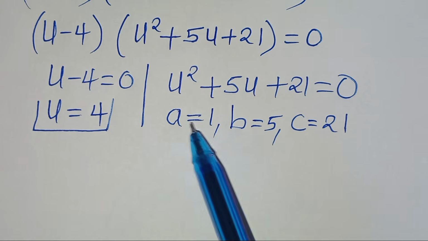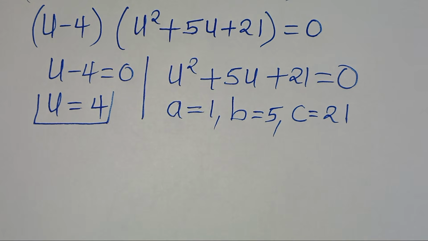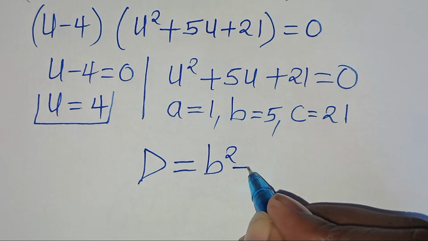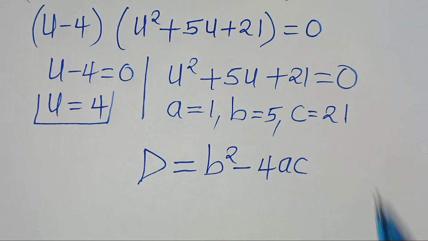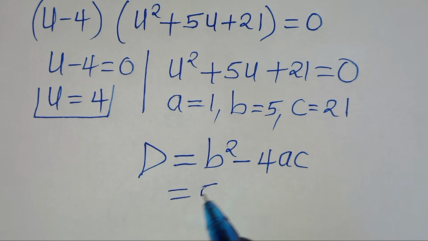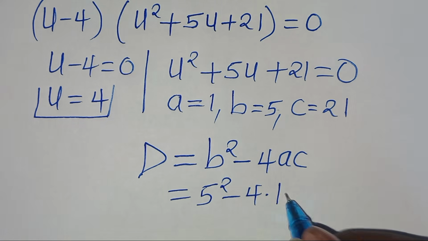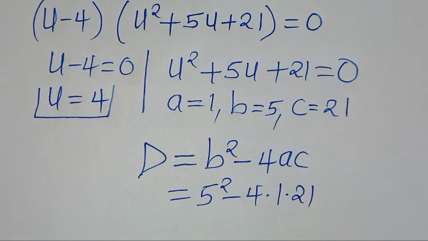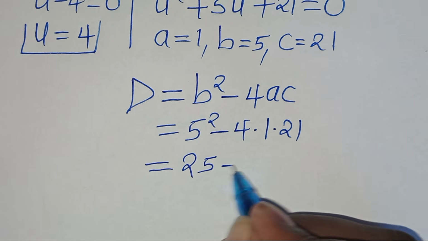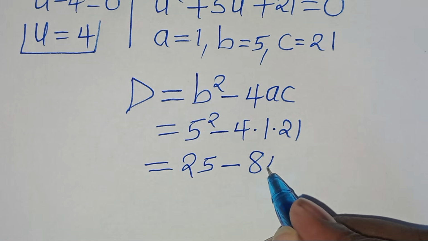Now, let's assess the nature of the root of this quadratic equation. That is by determining the discriminant value, which is b squared minus 4ac. So b is 5, so we have 5 squared minus 4 times a, which is 1, times c, which is 21. So this is 25 minus 21 times 4, this is 84.